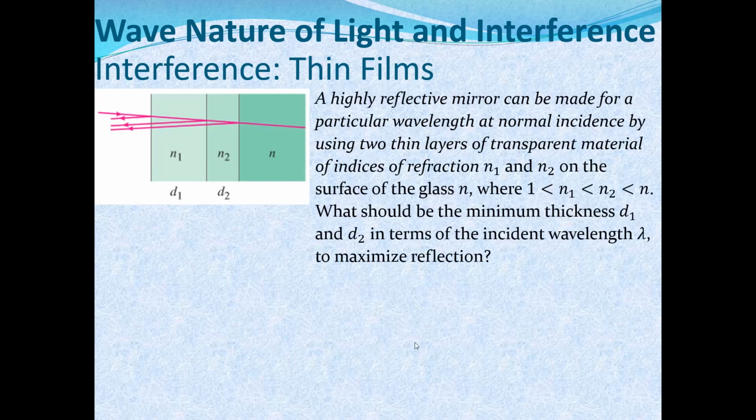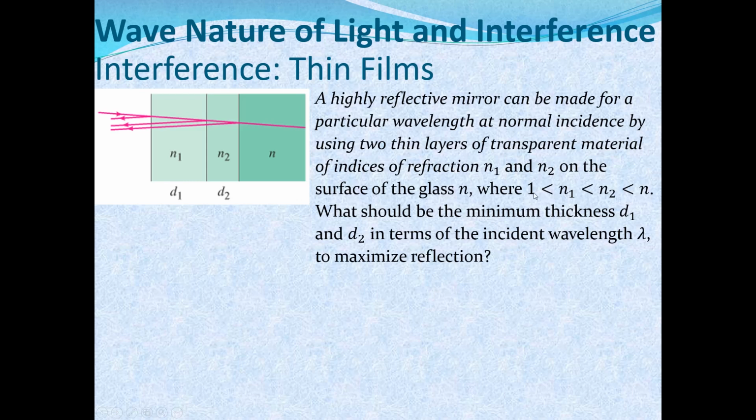All right, here's another question. You can pause the video, work on this yourself, and we'll go over it in a second. All right, so they have this fairly complex setup here, and they want to know the thickness of these two materials so that we get the most reflection based off of the wavelength.